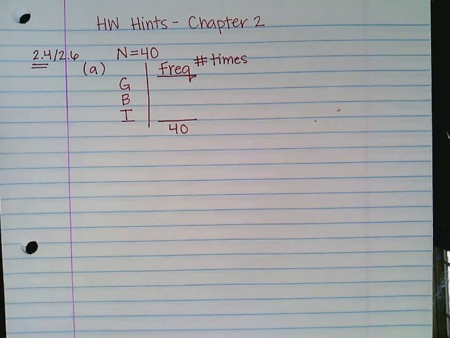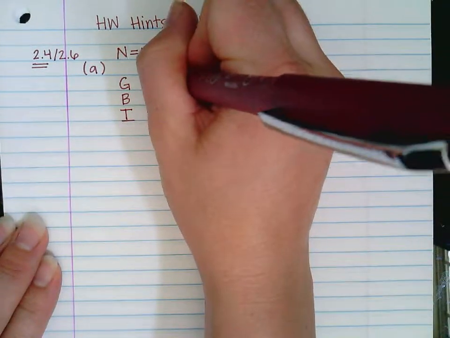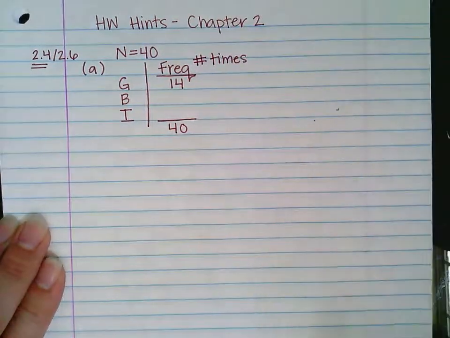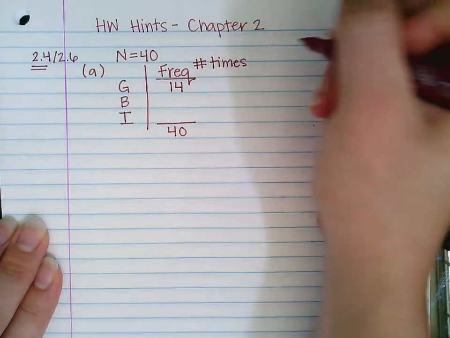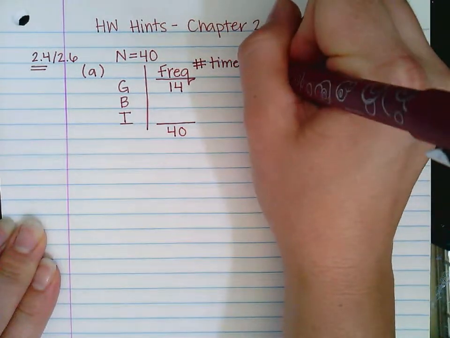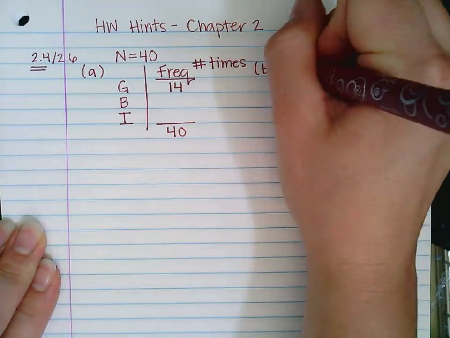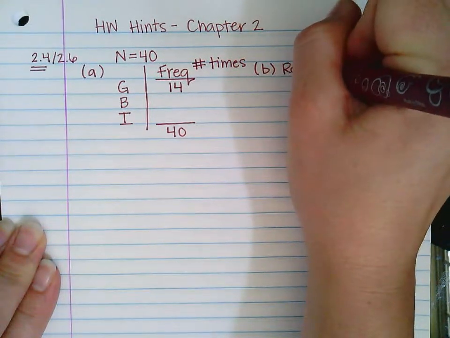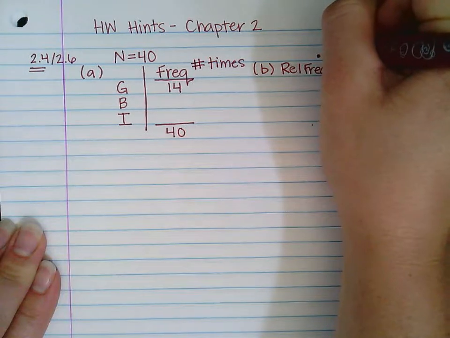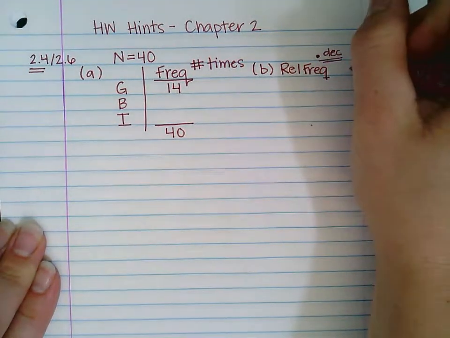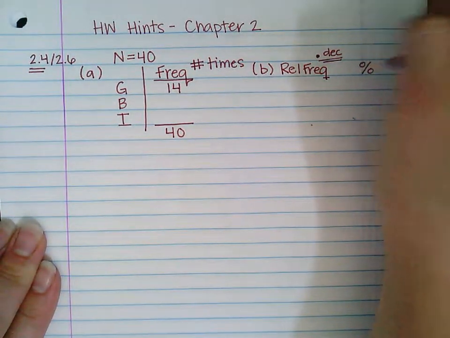And just for the sake of example, I will say for G, there were 14 G's because we're going to need to do some examples here. Okay. And then in part B, it wants you to find relative frequency. Okay, that's going to be the decimal. And it wants you to find percent.